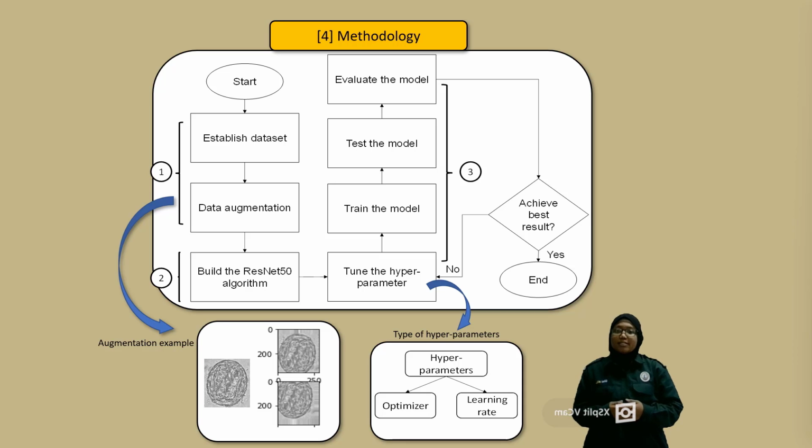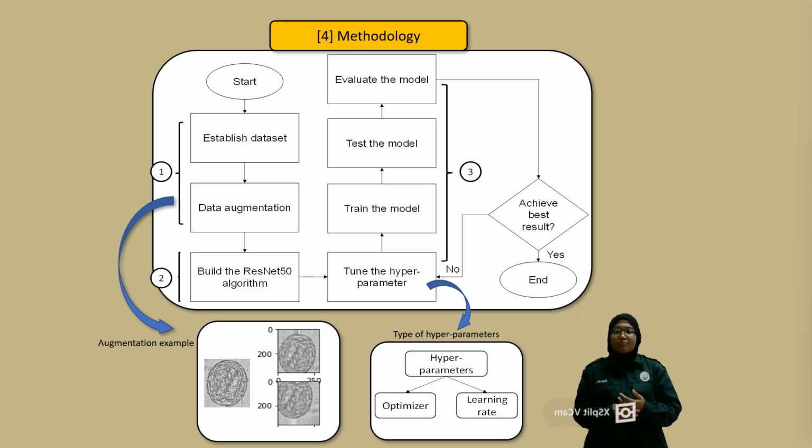The data set is augmented using the ImageDataGenerator from the Keras library. The augmentations involved for the data set are horizontal flip, vertical flip, width shift, height shift, and rotation. The hyperparameters that are tuned in this project are optimizer and learning rate.